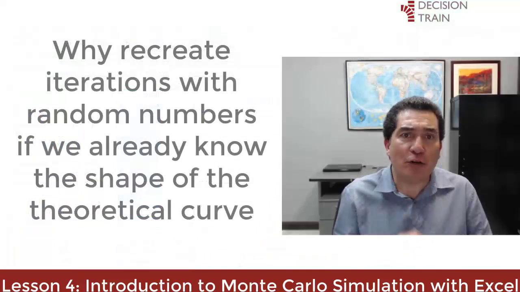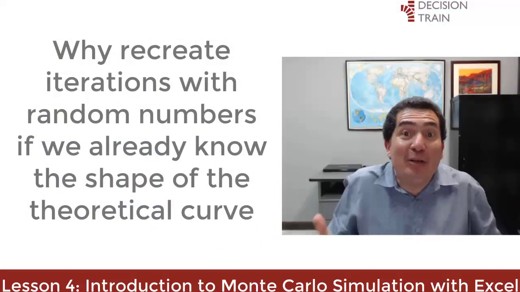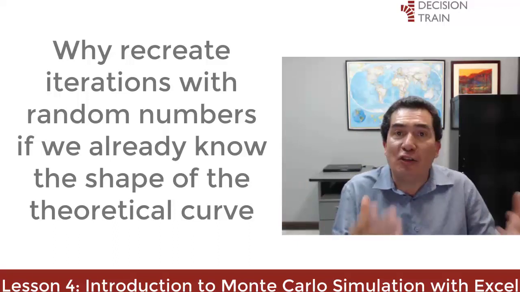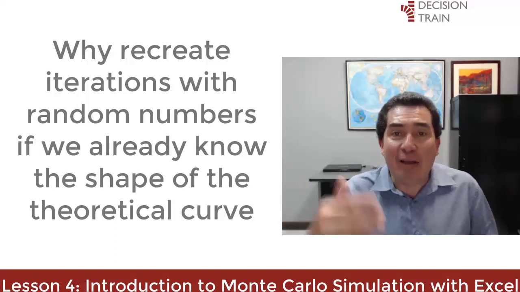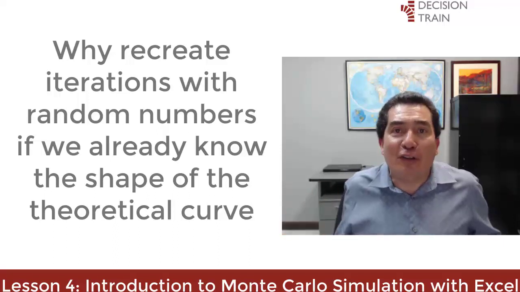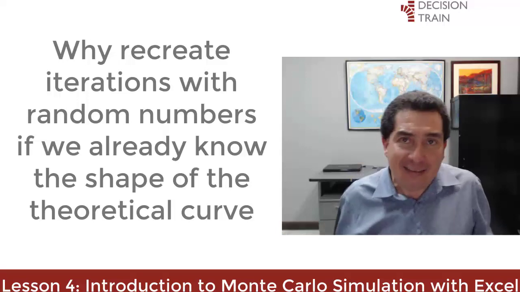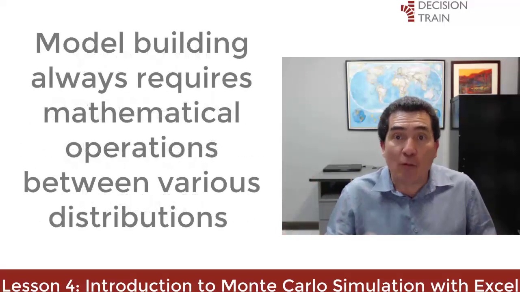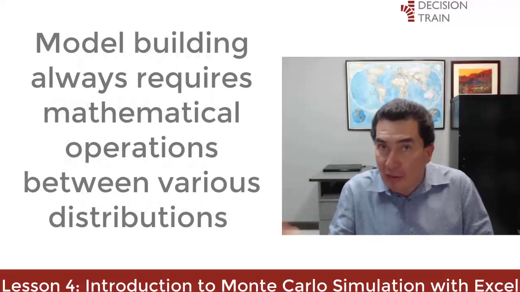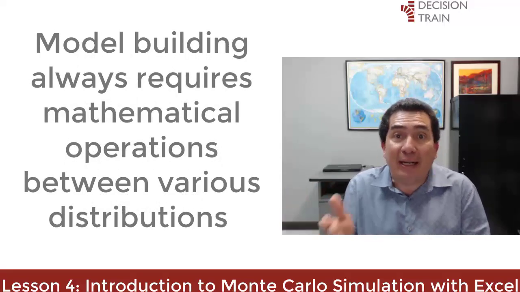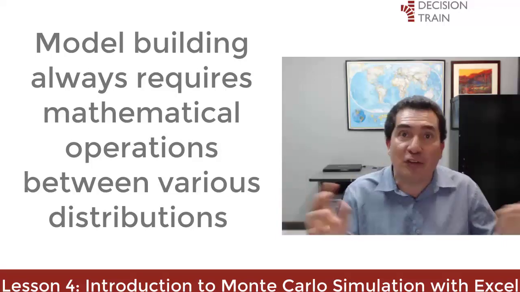Now, you might ask yourself, why do I need to recreate thousands of iterations with random numbers the shape of a curve that I already know its theoretical form, and a single function in Excel solves instantly? We will answer this in full in the next lesson. For now, suffice it to say that while this is true, in practice, model construction always requires mathematical operations between various distributions.